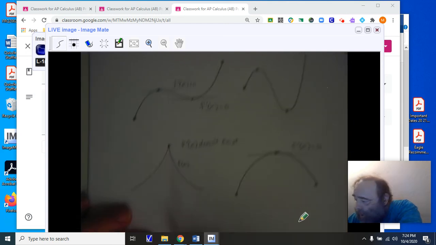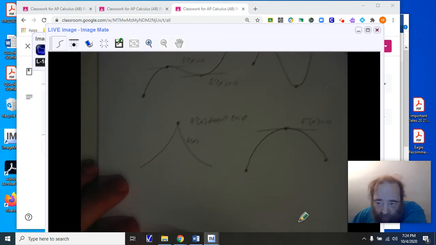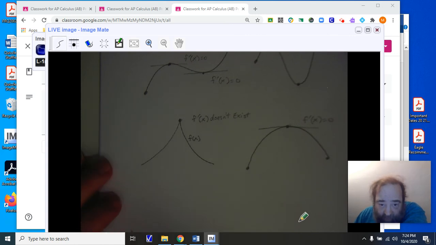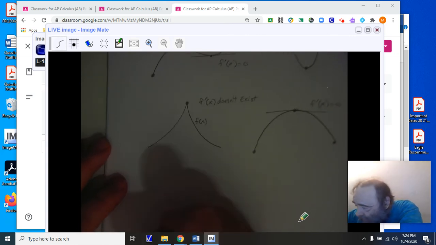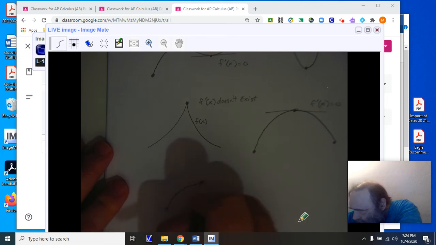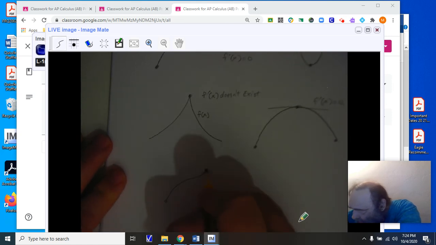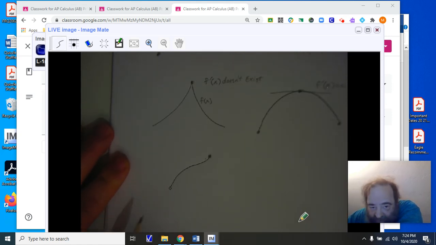Okay, now we could draw all kinds of points, and it's when we start to draw the points that you have to be even more careful. For example, this graph has no absolute minimum because I never reach the endpoint.